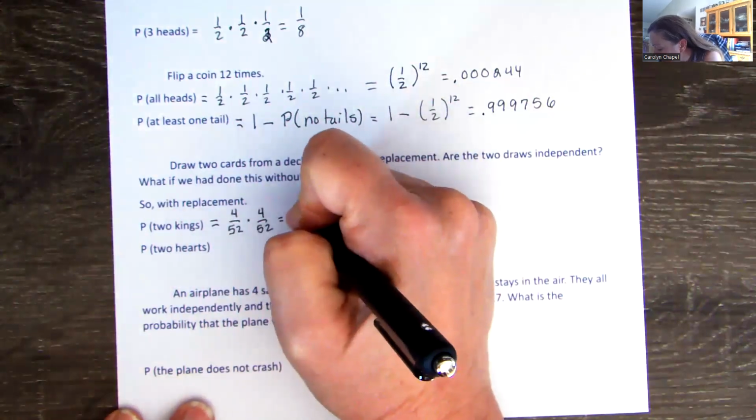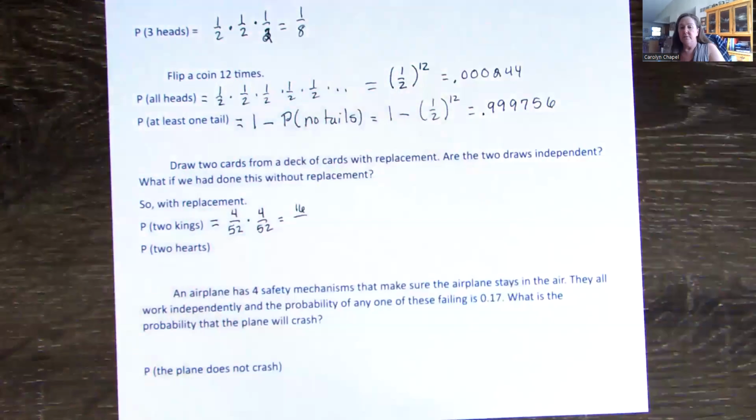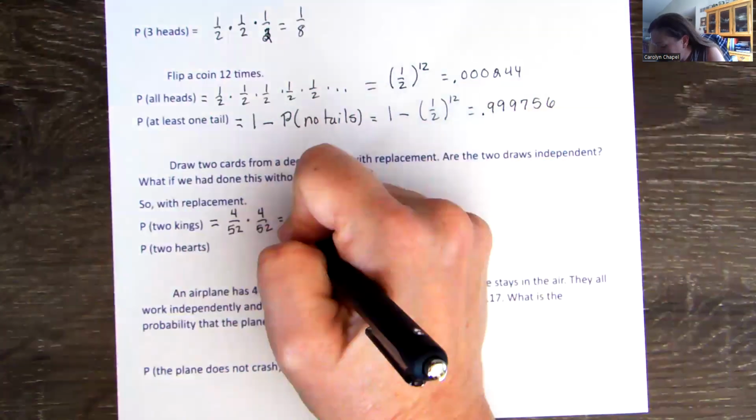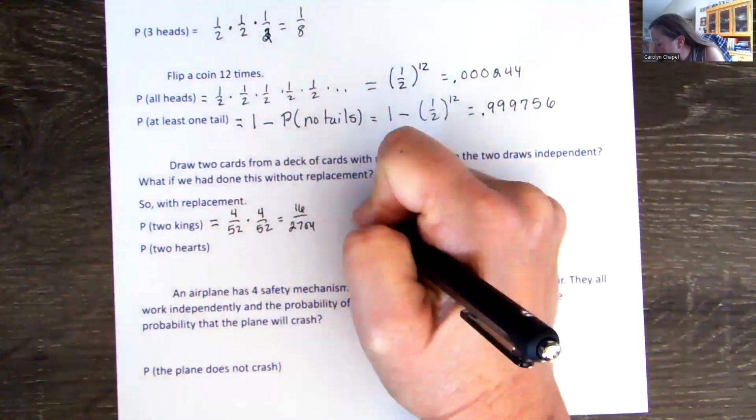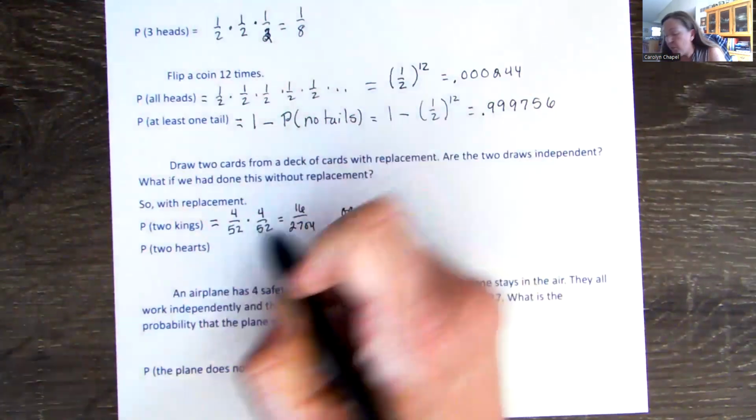I can reduce this, but I'm going to do this the long way first. Some of you would have done 4 out of 52.